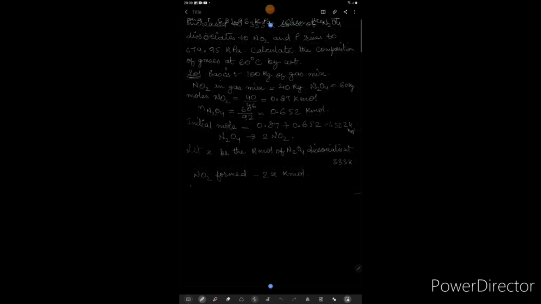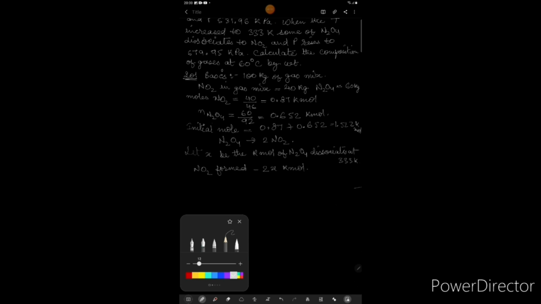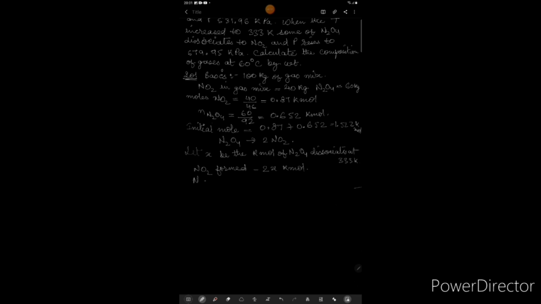Therefore N2O4 at 333 Kelvin equal to 0.652 minus x kilomole, and NO2 at this temperature equal to 0.87 plus 2x kilomole.